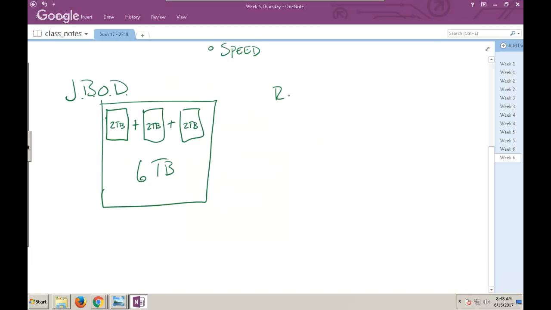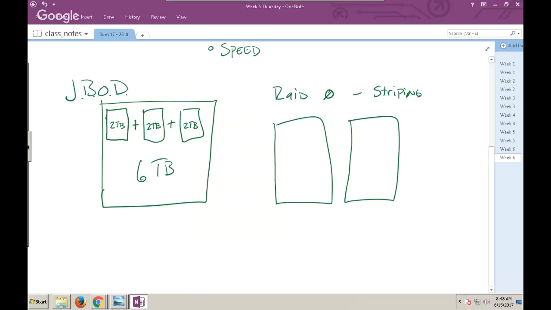Now, RAID is numbered. So, RAID 0 uses a concept known as striping. If I have, say, 2 disks, and they're each 2 terabytes, in RAID level 0, I will have 4 terabytes total storage.